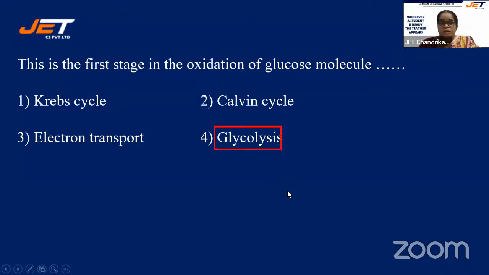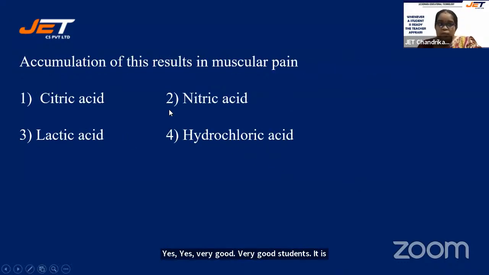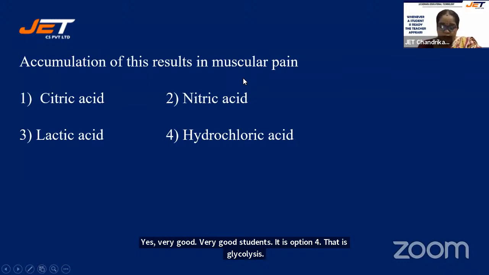Okay, we shall see. Yes, it is glycolysis. Kaja, Shashank, Vaishnavi. It is not 1, Bhavana, it is 4. Kirtana, Dikshita, very good, students. It is option 4, that is glycolysis.